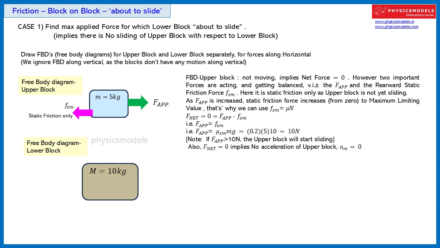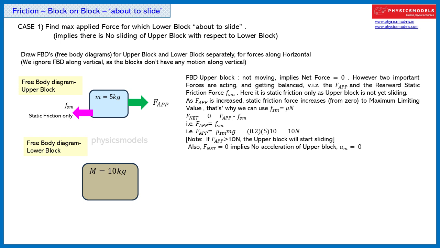The F_ap is exactly equal to the resisting force of static friction. So that's Fs small m between the upper block and the lower block. Now, because the F is exactly equal to the resisting force, the net force is 0.